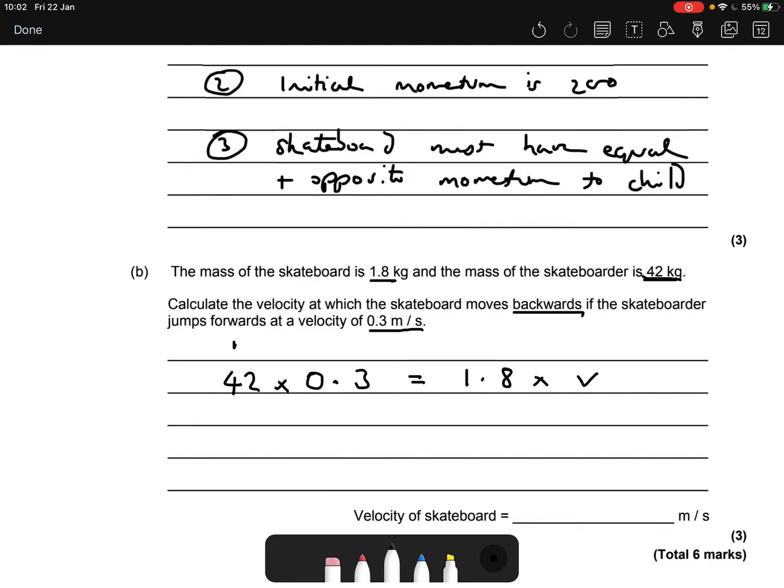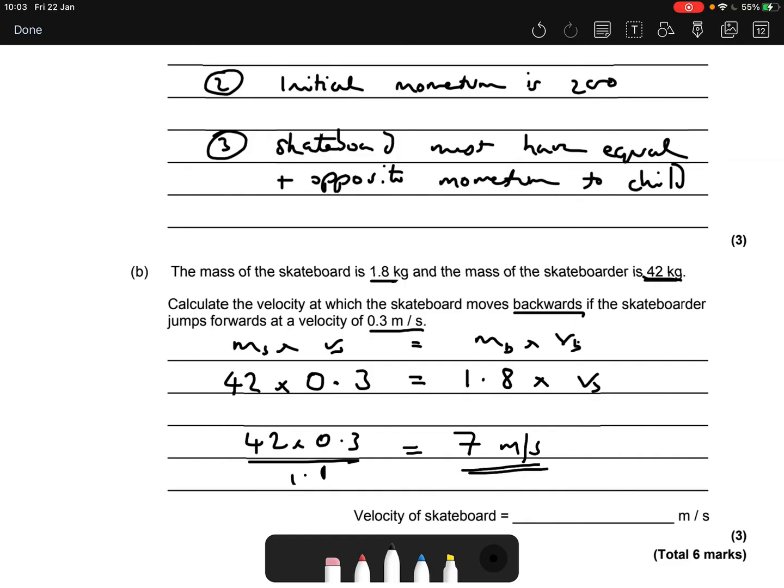So if we rearrange that a little bit, because that's mass times velocity equals mass times velocity of the skateboard, we get 42 times 0.3 over 1.8. And we get a lovely number: 7 meters per second backwards.